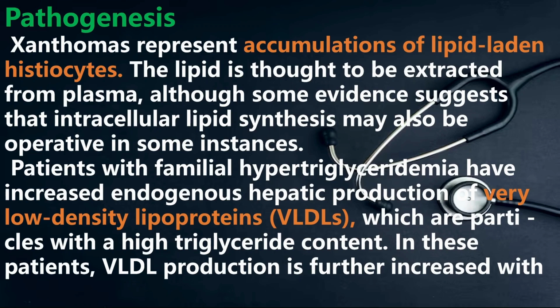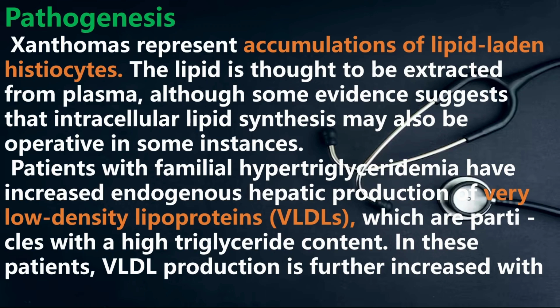Pathogenesis. Xanthomas represent the accumulation of lipid-laden histiocytes. The lipid is thought to be extracted from plasma, although some evidence suggests that intracellular lipid synthesis may also be operative in some instances. Patients with familial hypercholesterolemia have increased endogenous hepatic production of very low-density lipoproteins, or VLDLs, which are particles with a high triglyceride content.